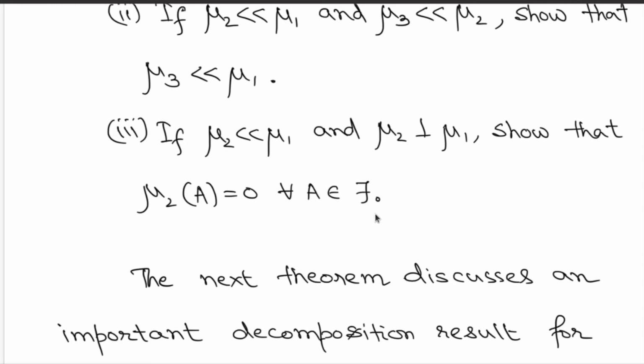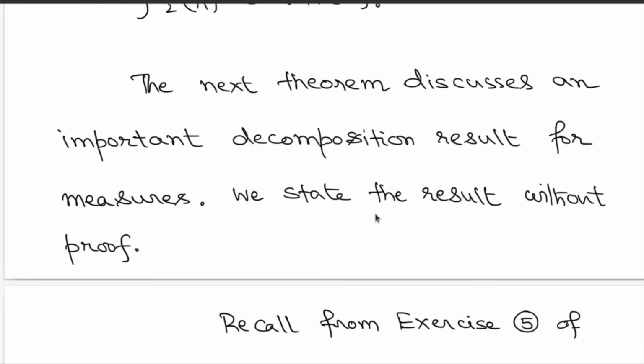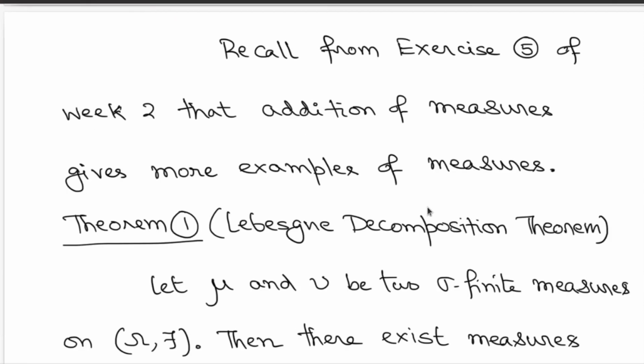So these are certain important structural properties, and in the next theorem we are going to use them to discuss a very important decomposition result for measures. We are not going to state the proof, we are just going to state the result. Now recall from earlier that in week 2 we had mentioned that we can add measures and get examples of measures.